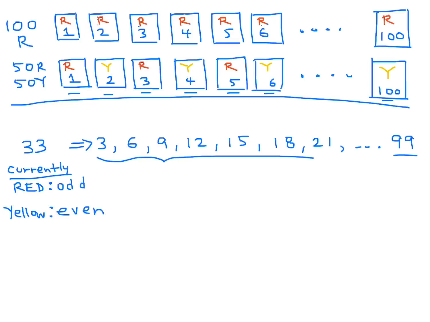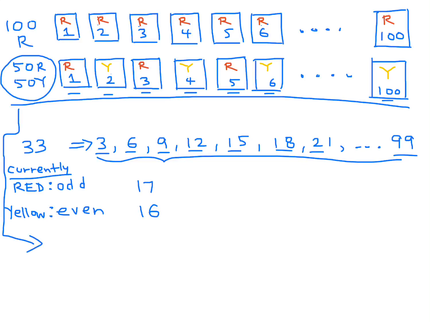So in this list, how many are odd and how many are even? Well, the even ones are 6, 12, 18, and so on, and there's 16 of them. And the odd are 3, 9, 15, 21, all the way up to 99, and there's 17 of those. So that basically means that of the 50 that are red, he is going to flip over 17 of those, right?